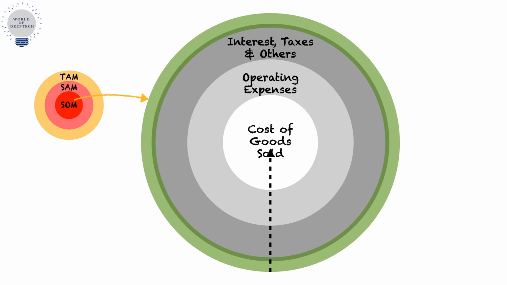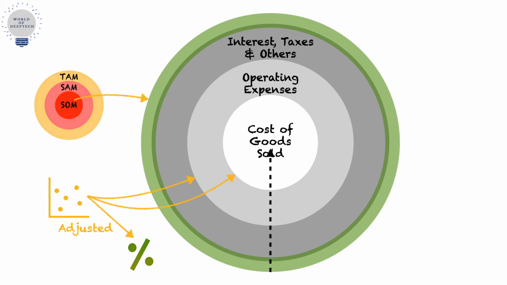Then you use industry average percentages to arrive at allocations for cost of goods sold and operating expenses. The discount rate is also calculated based on industry averages adjusted for higher risk and any other unique characteristics of the startup.